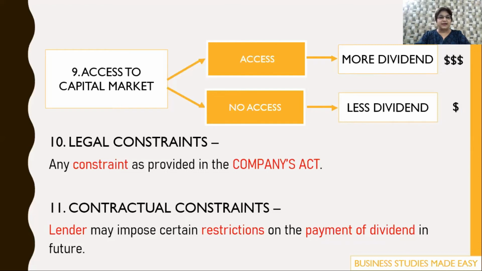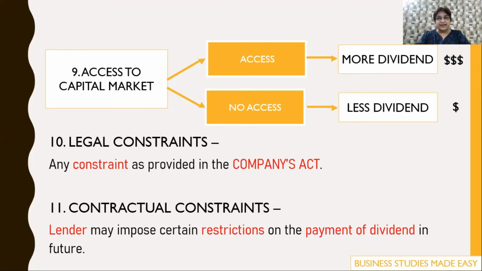Then the final point is contractual constraints. Sometimes the business might have taken a loan from the bank. So the bank always puts certain constraints on how dividend is to be declared. Because today your company is making a huge amount of profit and you are able to pay a huge amount of dividend. What about tomorrow? Suppose you are not able to make that much profit, then how will you return the loan and the interest that the bank has given you?